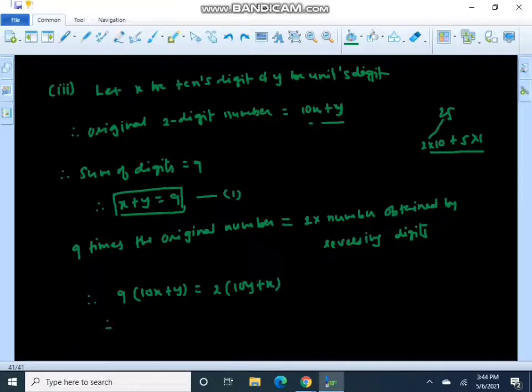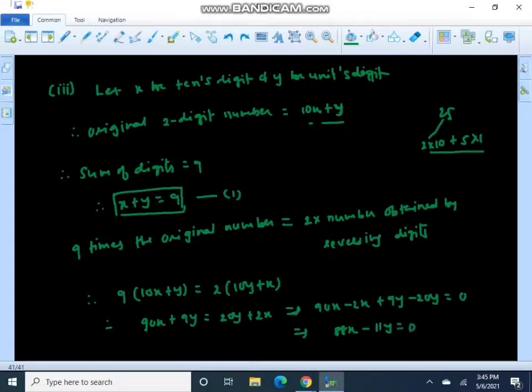Okay, now we will simplify. 9 tens are 90x plus 9y is equals to 20y plus 2x, implies 90x minus 2x plus 9y minus 20y is equal to 0. 90 minus 2, 88x minus 11y is equal to 0.